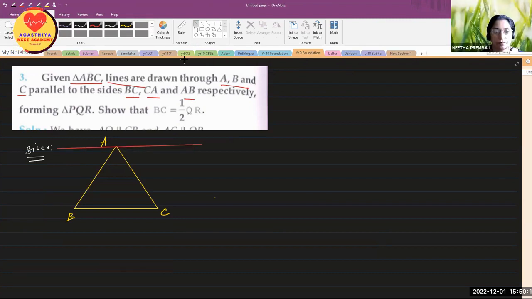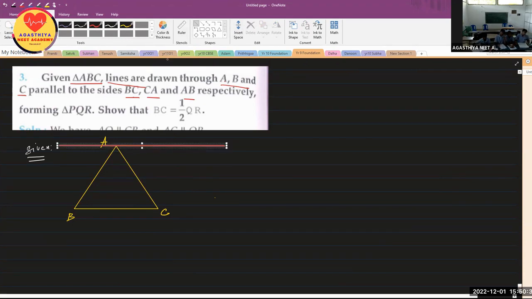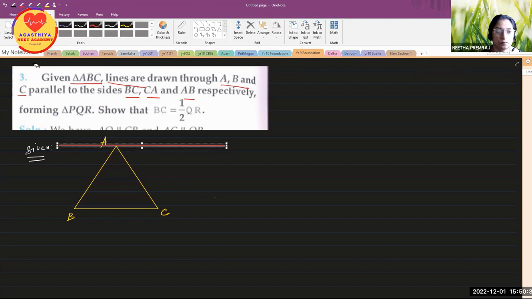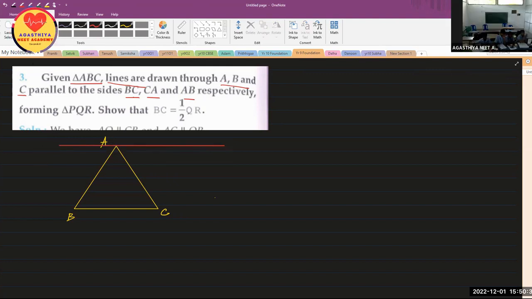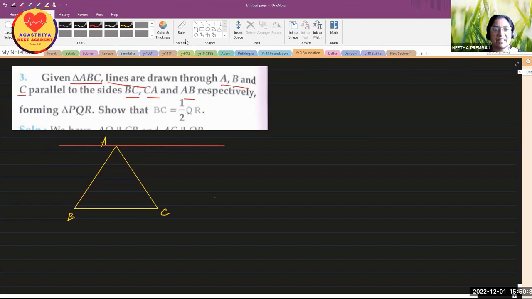So this is the way. And through B parallel to CA.